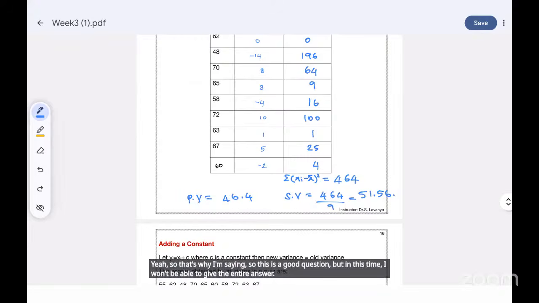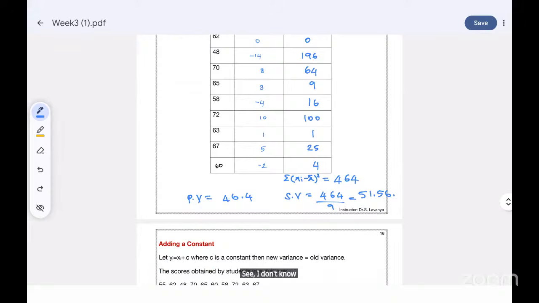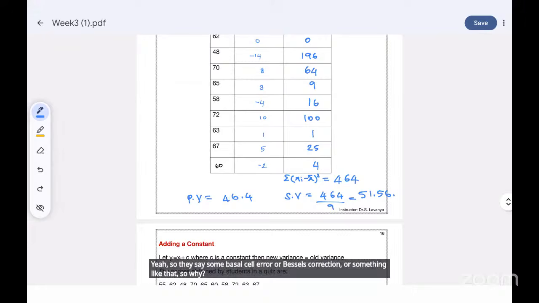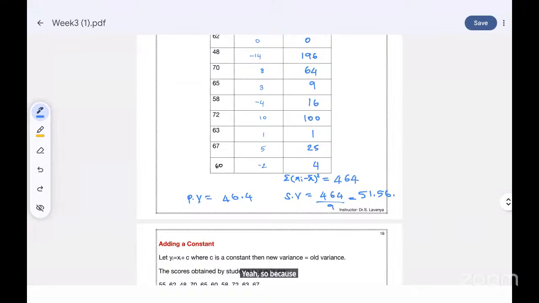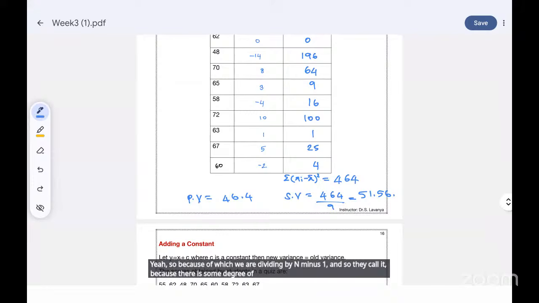I guess it's Bessel's correction, because of which we are dividing by n minus 1. They call it that because there is some degree of freedom difference, so we take n minus 1 instead of n.